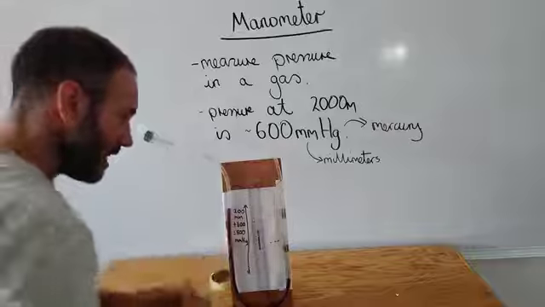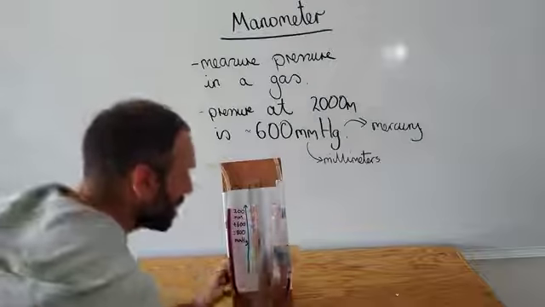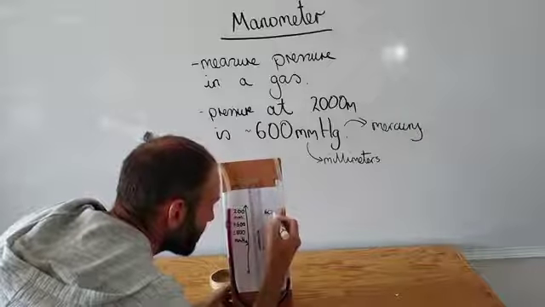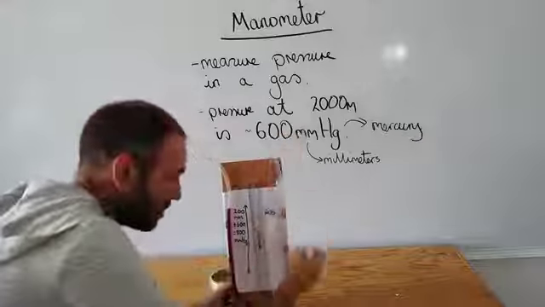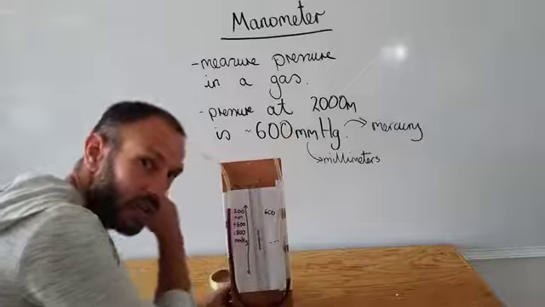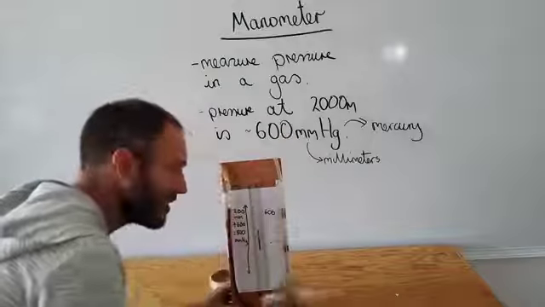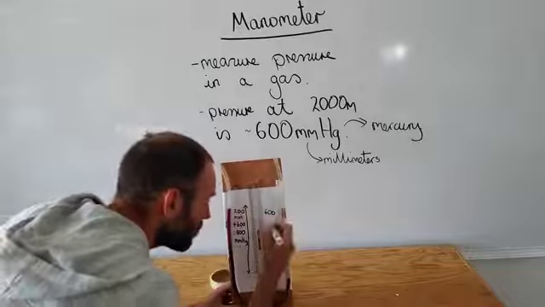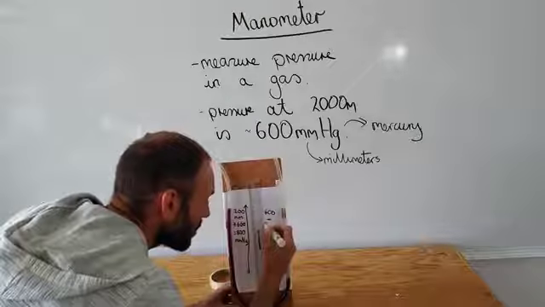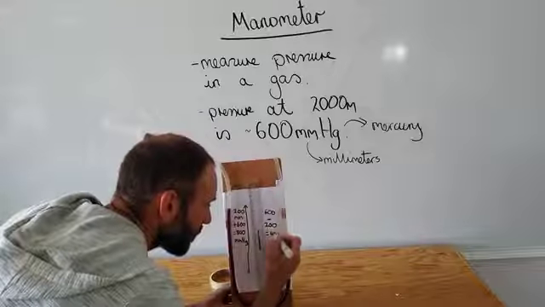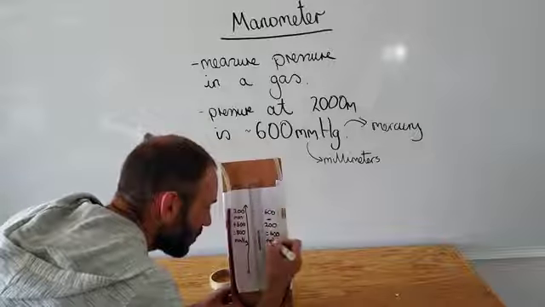The difference again is 200 millimetres. We know it's less because atmospheric pressure has been able to push the liquid up. So we know that here is less than atmospheric pressure. So 600 minus 200, which is 400.